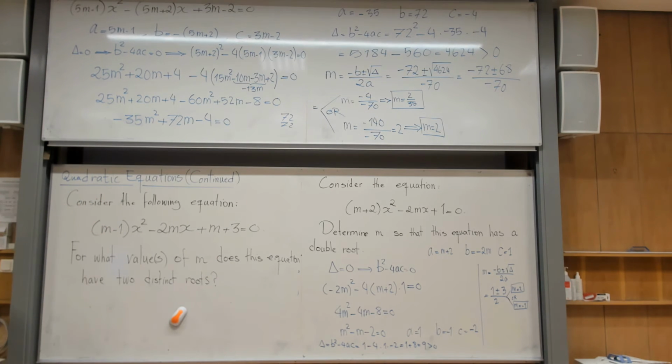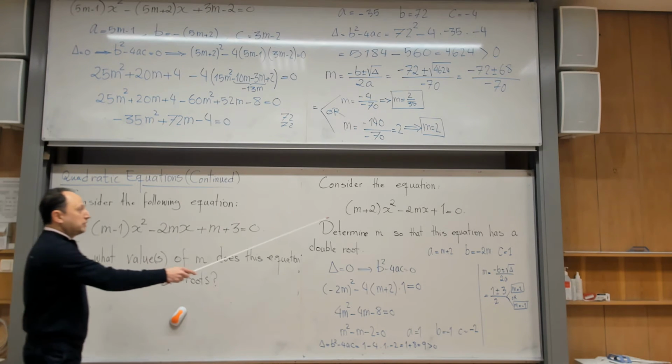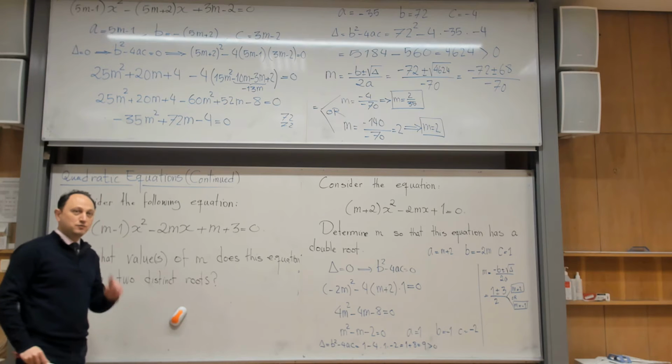It's a similar question, but a little bit different. I want you to think about it yourself. I am completely sure that if you think logically, you can solve the problem yourself. In the previous problem, you fine-tuned m to get one single root.